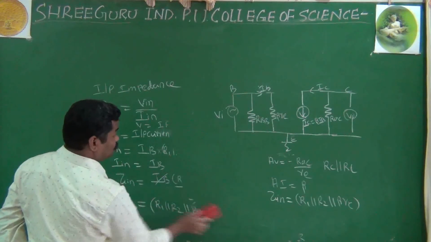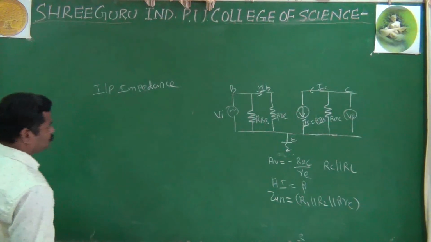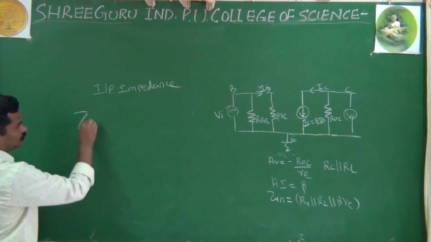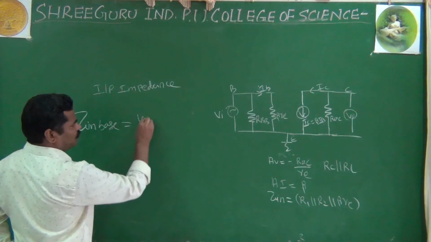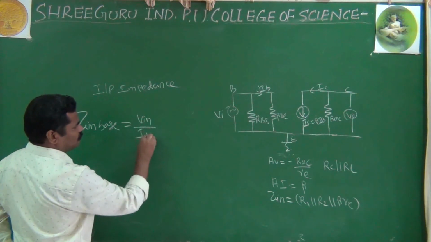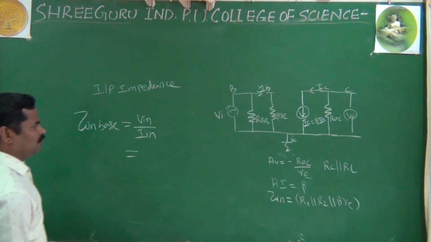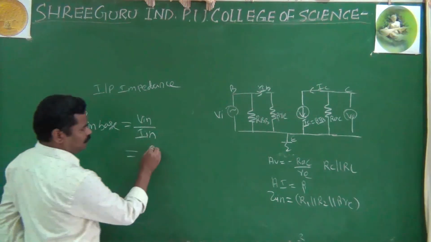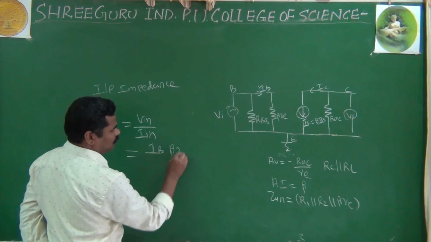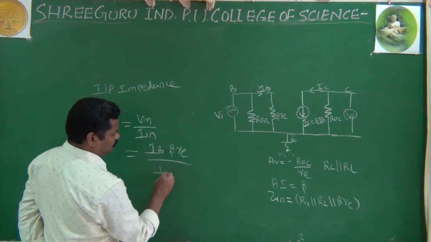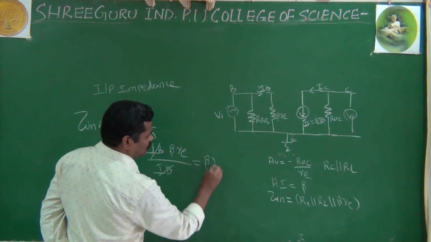If you want, you can write the Zin base. How much is the input impedance across the base? Once again, you use the same formula, V in by I in. V in is the input current IB times the resistance beta RE, divided by the same IB, and IB cancels, so we get only beta into RE.